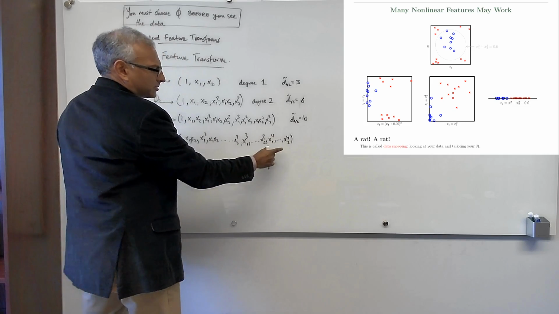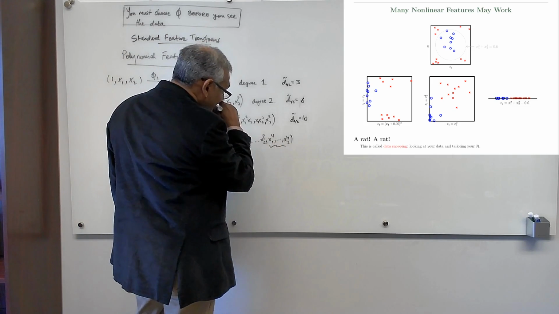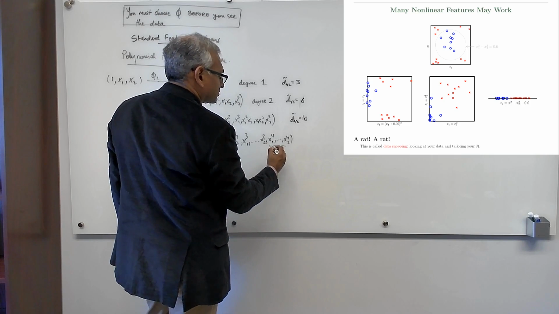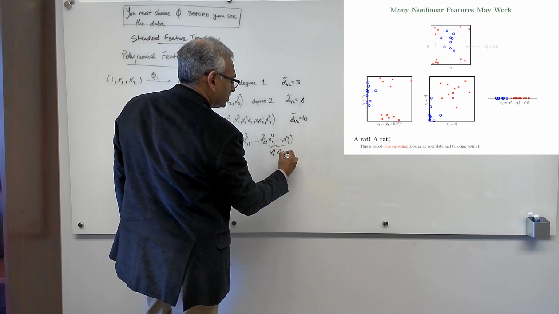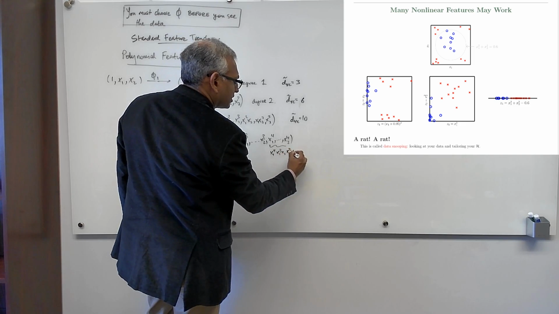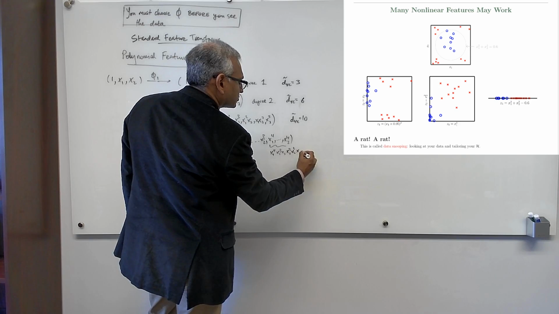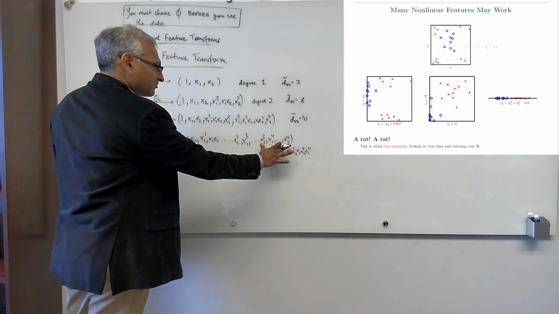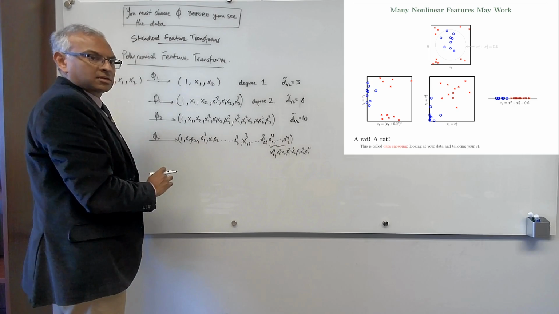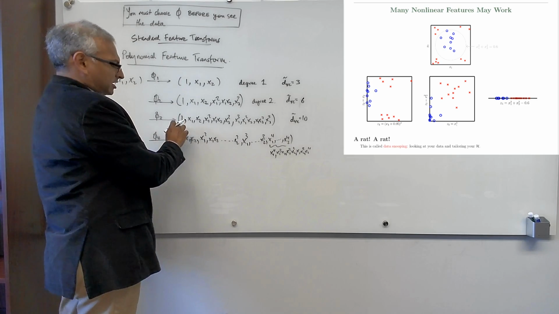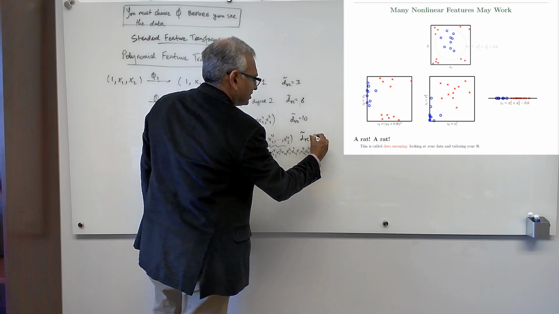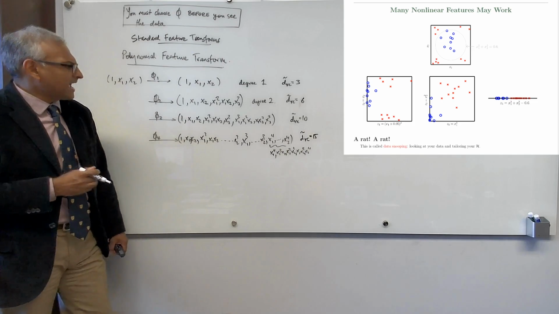And so here, how many additional terms are you going to have? x1 to the 4th, x1 cubed x2, x1 squared x2 squared, x1 x2 cubed, and x2 to the 4th. So you're going to have 5 additional terms, in addition to the original 9. Plus the 1 gives us a dVC tilde of 15.